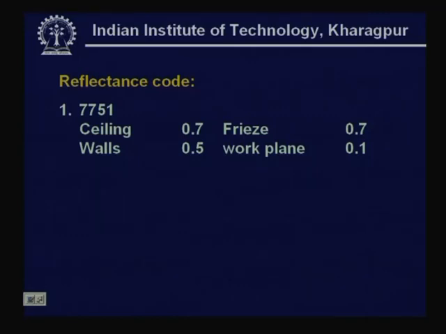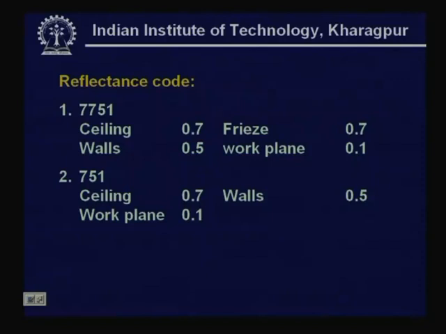In fact, a false ceiling is also taken to be that way. Walls have around 0.5 and the work plane will have 0.1. You do not want any reflection from the work plane. You want the light to be available for the operator to effectively work.